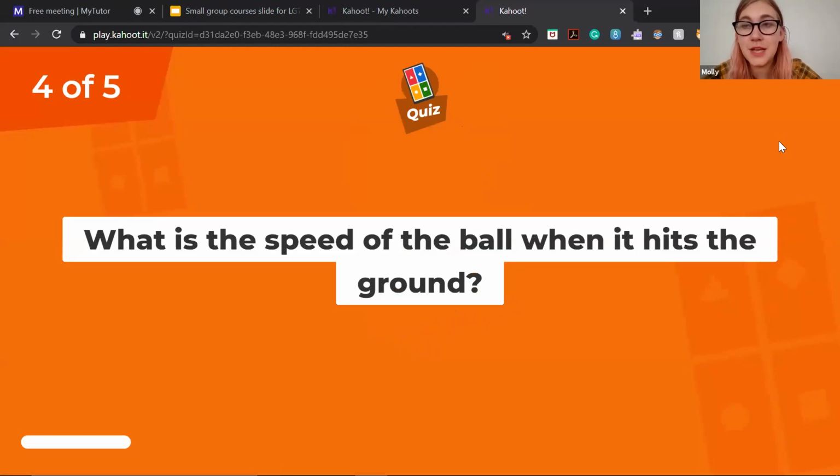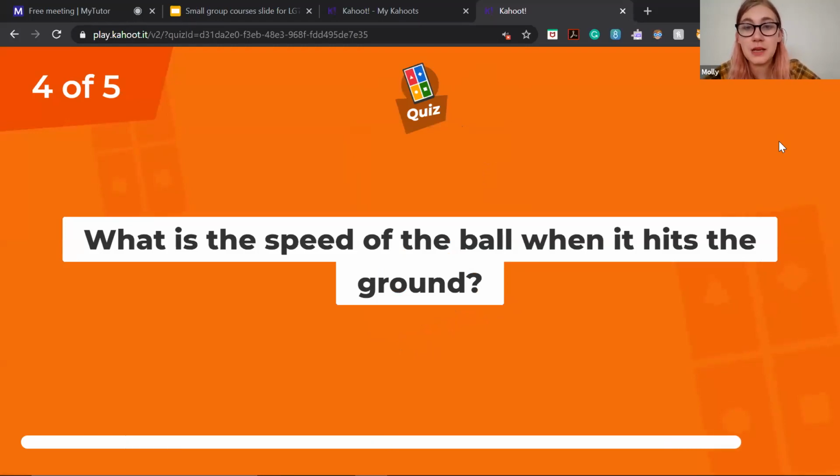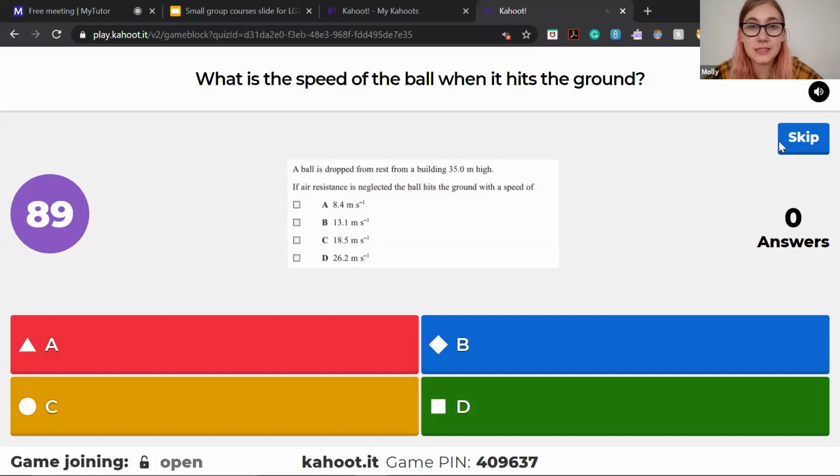These ones I will. So we're going to have a word question. We want to know what's the speed of the ball when it hits the ground. So it's dropped from rest. Think about what that means. From a building 35 meters high. When it says if air resistance is neglected, that just means you don't have to account for air. Just ignore that really. So what speed will it hit the ground with?